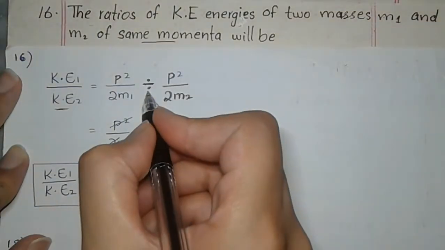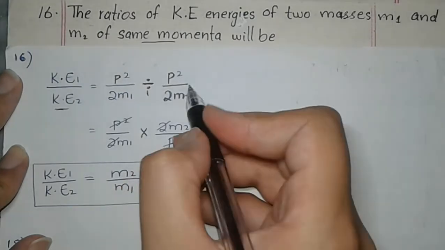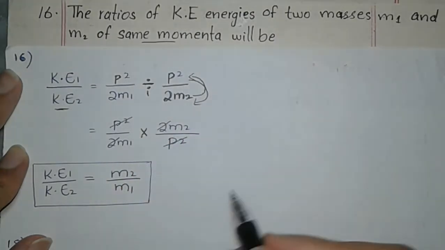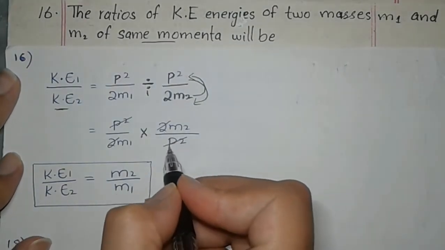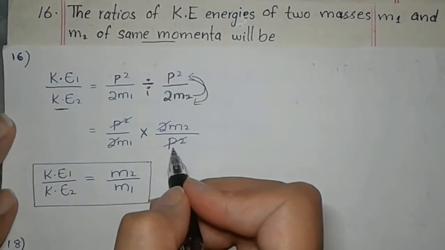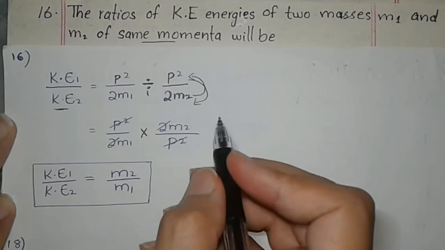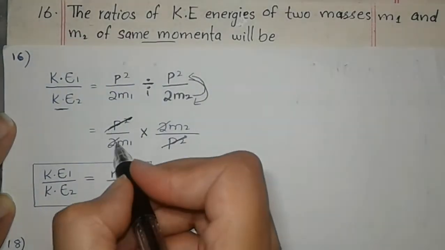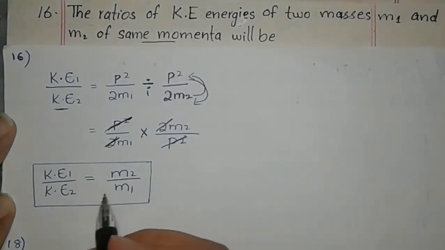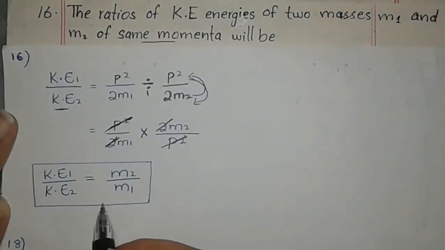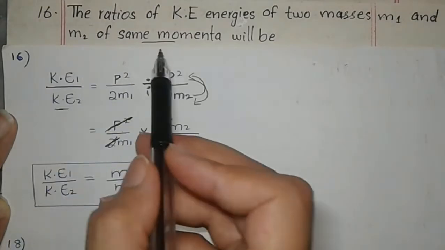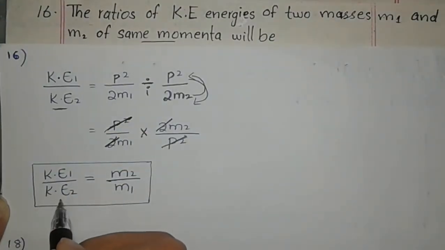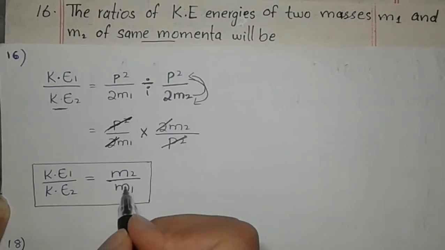Let's convert the division into multiplication here, so it will come here and momentum will come down. Now p square divided by 2m1 multiplied by 2m2 divided by p square. So cancel the p square because momenta are same, and cancel the 2. So look here, the ratio of kinetic energies of two masses m1 and m2: kinetic energy of m1 divided by kinetic energy of m2 is equal to m2 divided by m1.